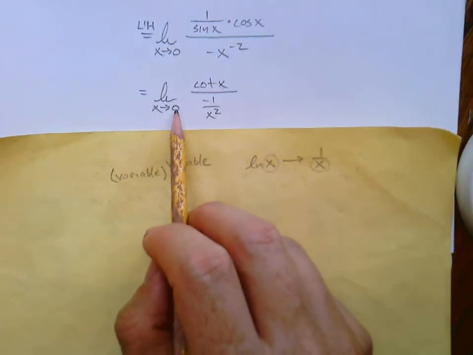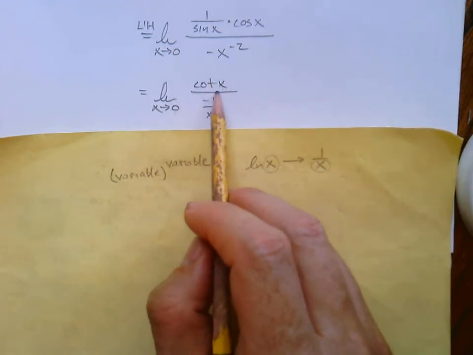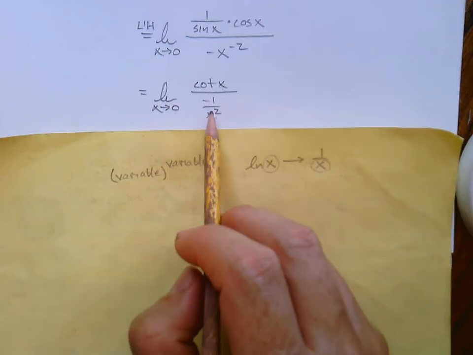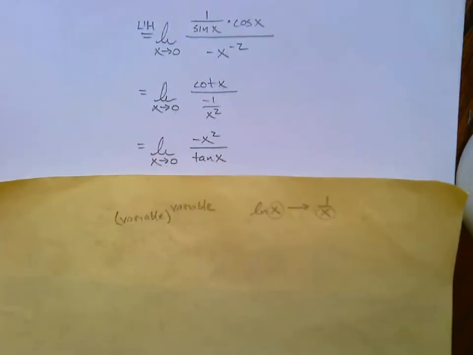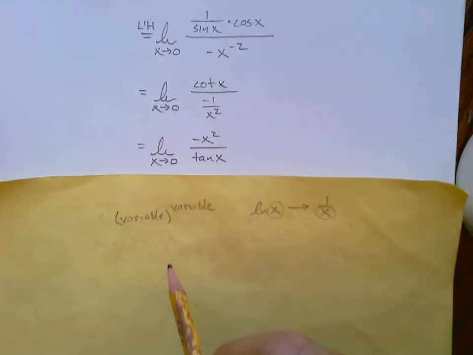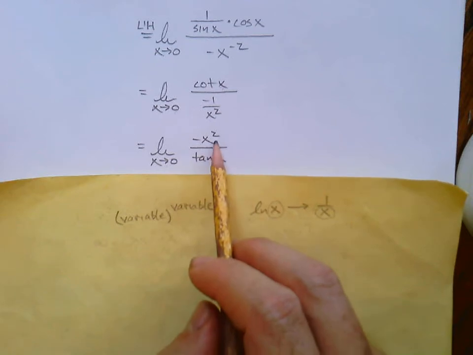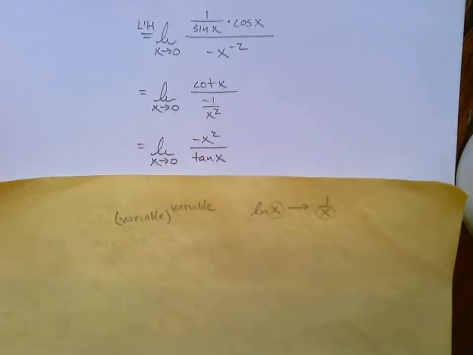Also, since we are having problems plugging in 0 into cotangent, let's move cotangent down to the denominator, and this is what we'll have in the end. Cotangent moves down. We're taking a reciprocal, of course. It becomes tangent, and then that negative x squared goes up to the top, like so.